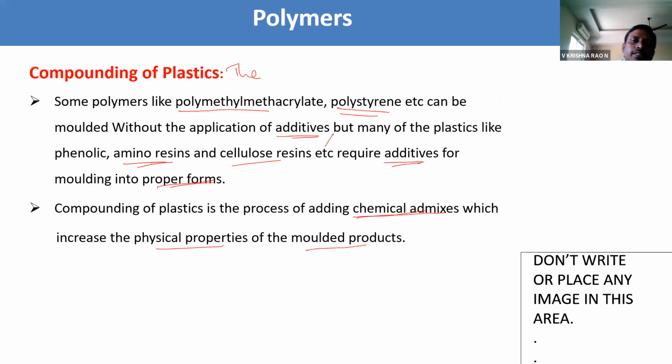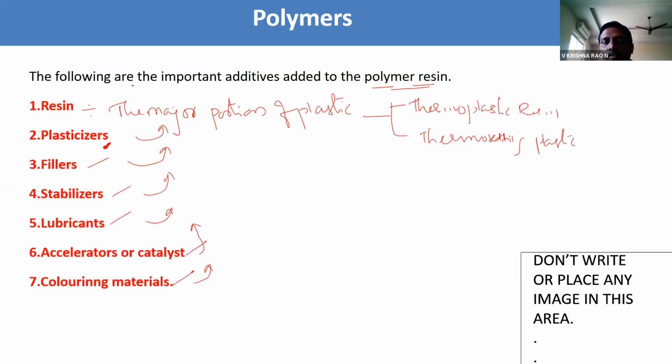Compounding of plastics is the process of adding chemical admixes that increase the physical properties of the molded products.